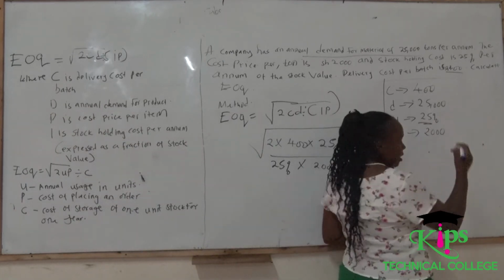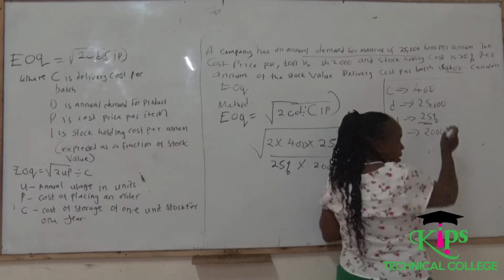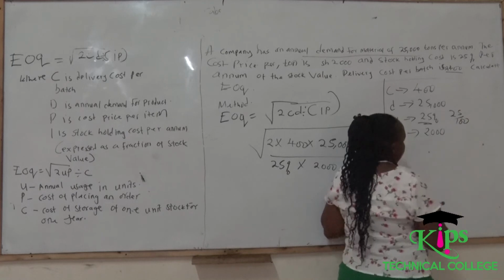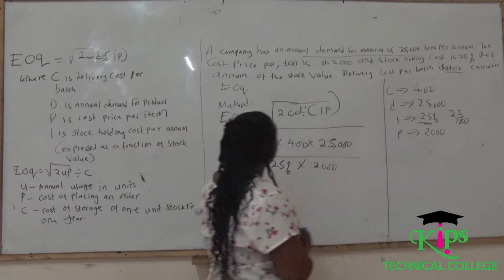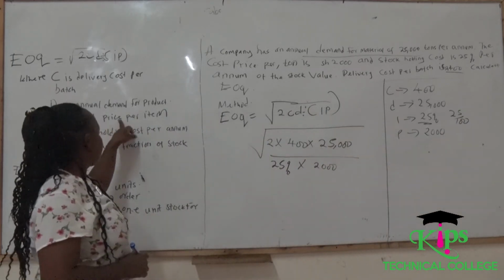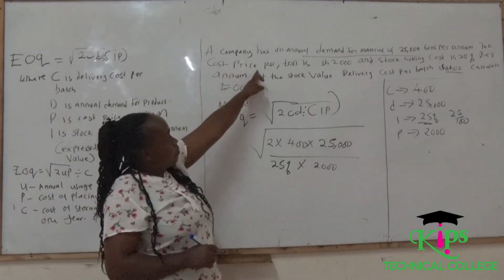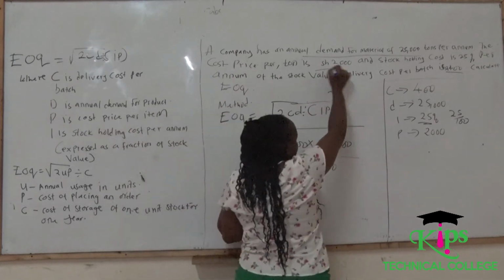Because it is a percentage, we are going to write it as 25 over 100. Then the last thing, P, stands for cost price per item, and we are told the cost price per ton is 2,000.